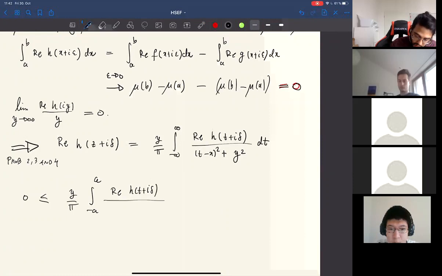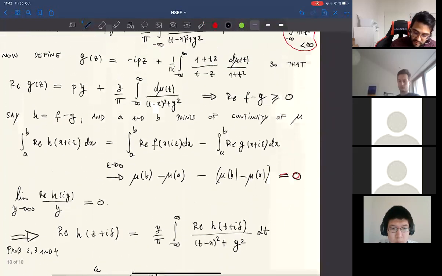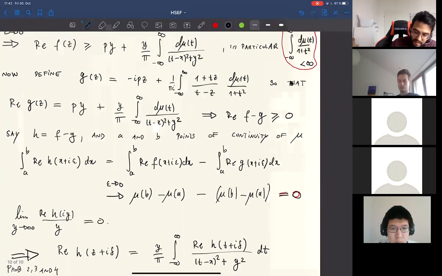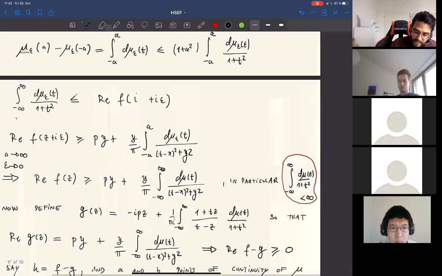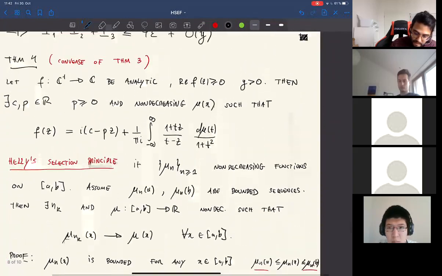So recall, all we want to show now is that this function h has 0 real part. That's why it requires some work. Because we want to show that f equals this function g I defined, which is almost like the f from the theorem, but for a constant. Let's go back, yeah.